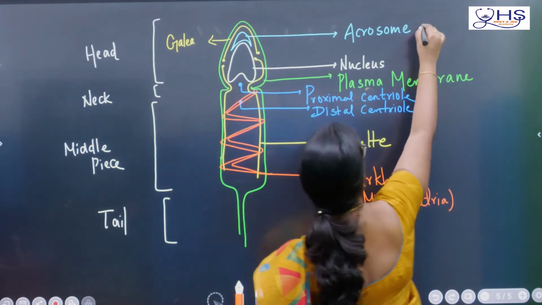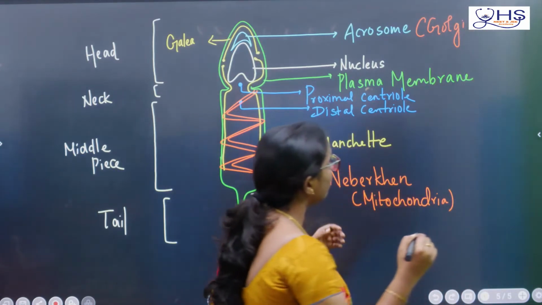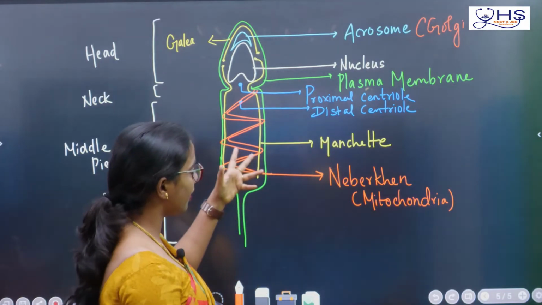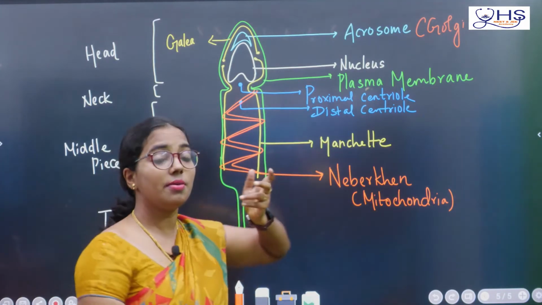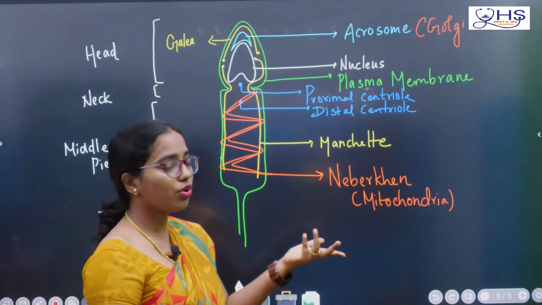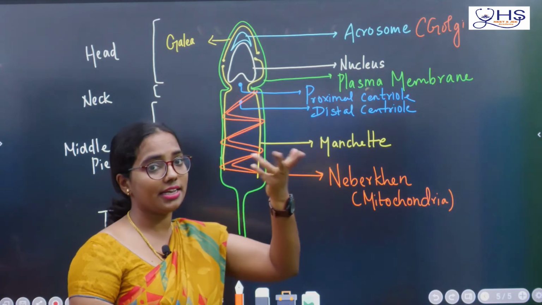Similarly the acrosome is the Golgi. All these points can be asked as MCQs in the NEET examination. In NEET or any entrance examination, the nebenkern denotes which cell organelle? Very simple, it's the mitochondria of the sperm. Similarly, the acrosome is the part that indicates the Golgi.